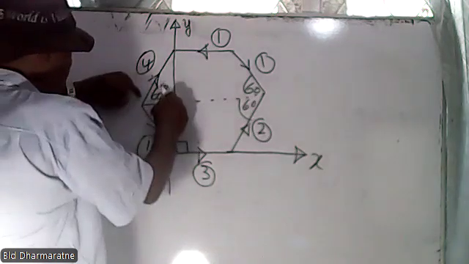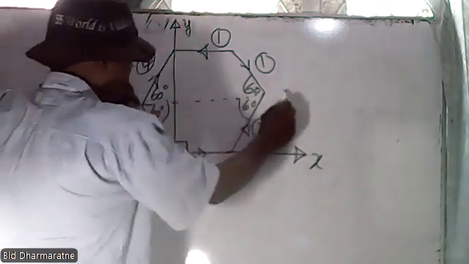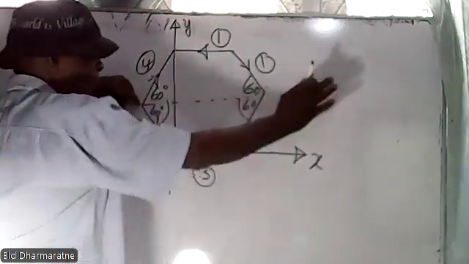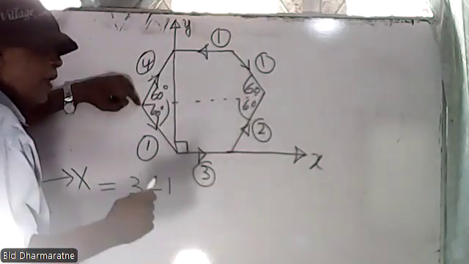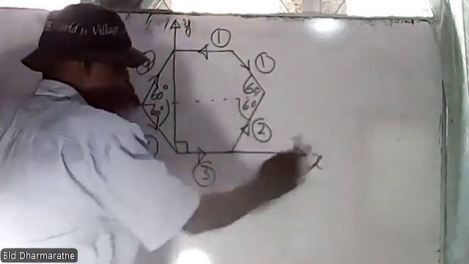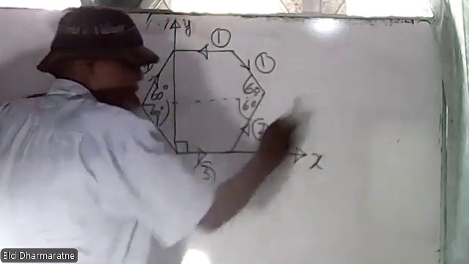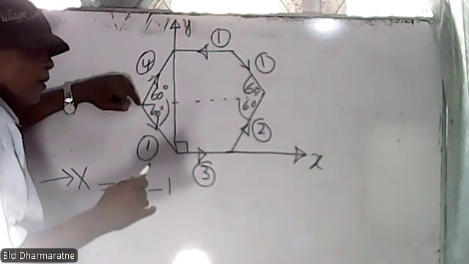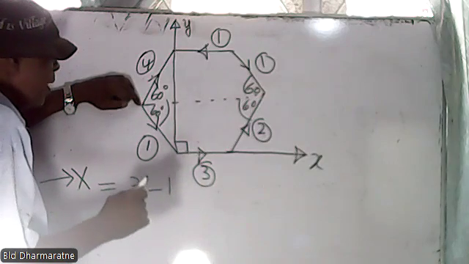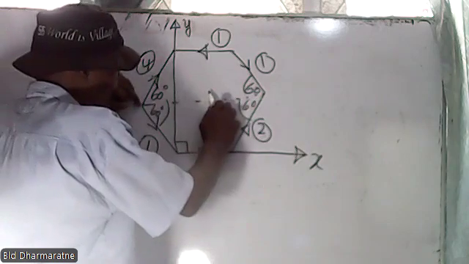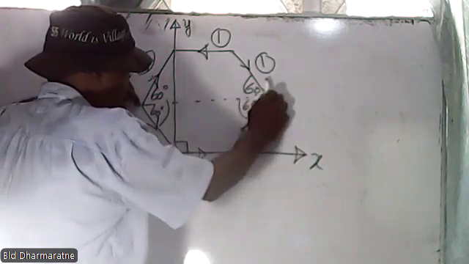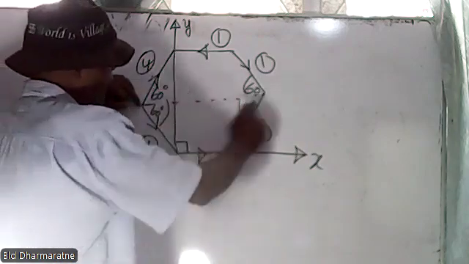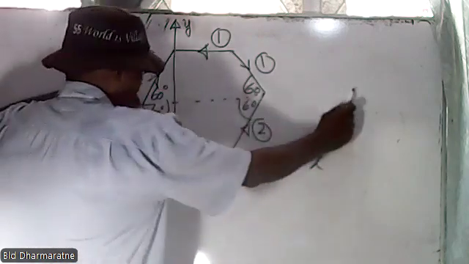The axis should vary everywhere. Horizontal direction means horizontal direction. Don't imagine the axis only here; here also it is the same direction. Remember the direction all the time. This one is also the x-axis direction.